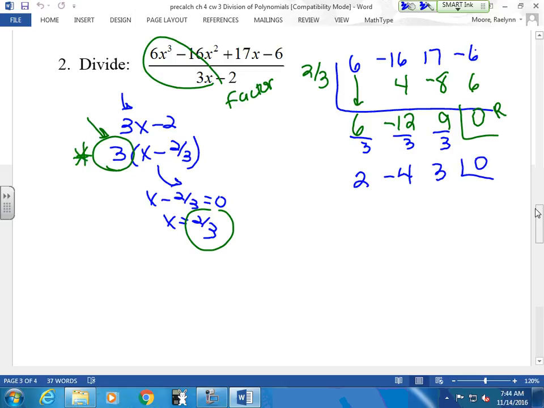I still get my remainder 0. Front end says x cubed over x. What am I going to start with? x squared. 2x squared minus 4x plus 3, because x to the 0 just gives me plus 3.